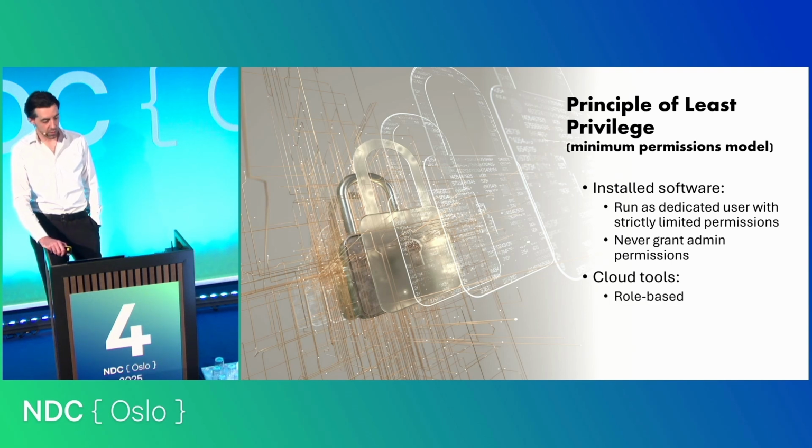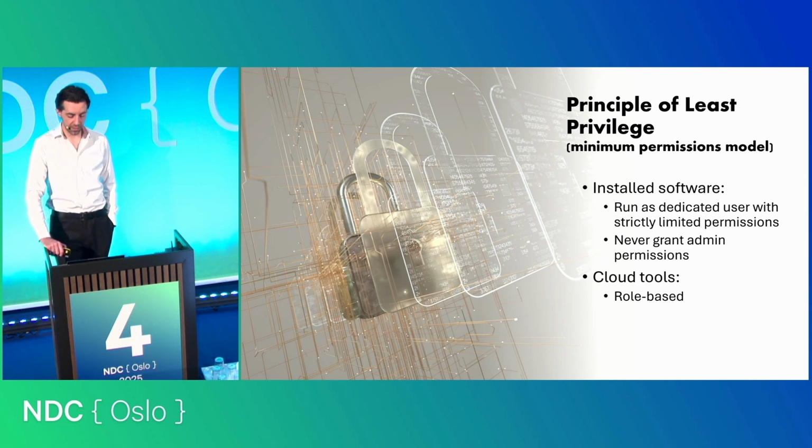When it comes to cloud tools, everything being role-based access, always minimize the scope of those roles as small as possible. That used to be pretty hard, but nowadays with tools like Amazon's IAM policy simulator and things like that, you can actually pretty easily say, I want to do these things. What is the minimum scope of permissions needed to do this? And make sure that your roles are actually limited to those.